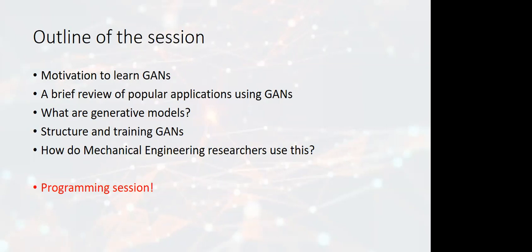It's made up of a generator, a discriminator, and things like that. We'll be looking at how to train these different parts of a GAN. And finally, as always, we'll also look into a bunch of mechanical engineering applications that use GANs. And finally, we'll have a small programming session where we'll program our own GAN from scratch. That should be really interesting. I hope you all have the Colab notebooks loaded up and ready to go.